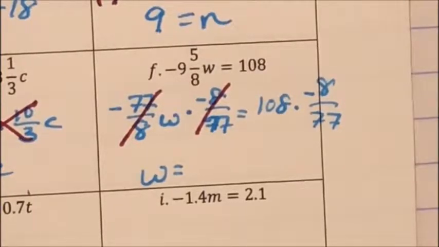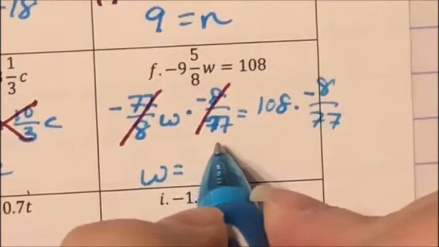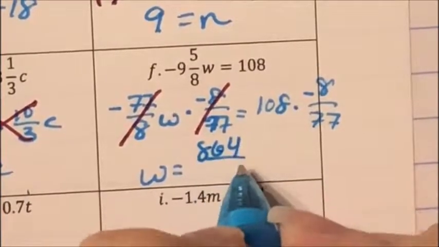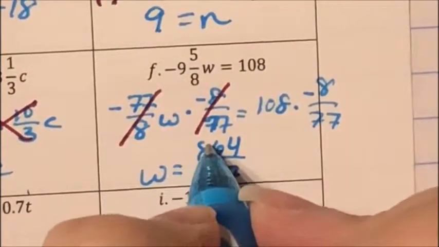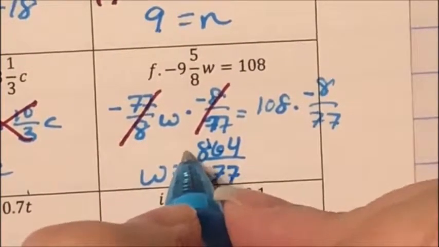So I need to multiply 108 times 8, which gives me 864 over 77, and it is negative because of the -8.